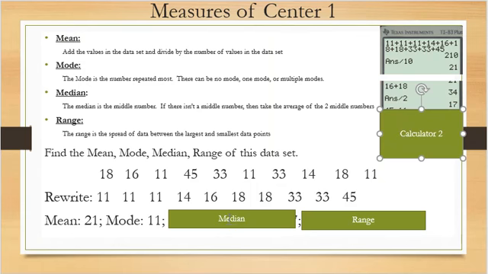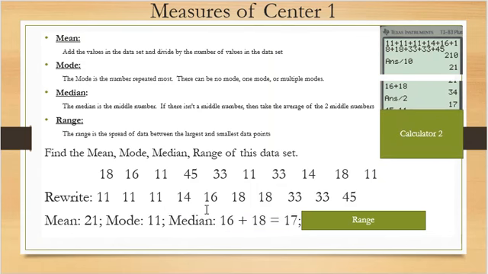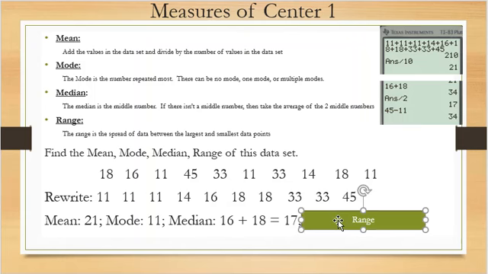And when you do that, you get that your median is 17. And for the range, you're just going to take the highest value, which is 45, and subtract the lowest value, and you're going to get 34.